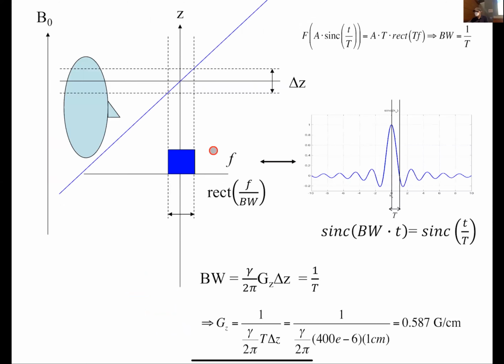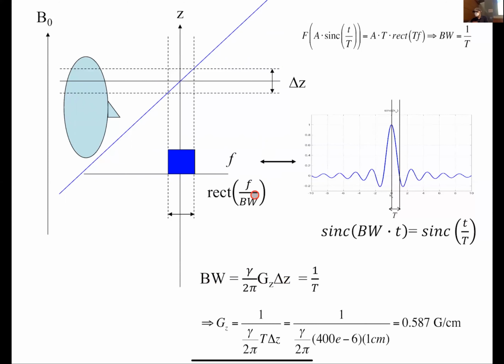So we know we want a rect function with some bandwidth. Okay, and that bandwidth has to cover all the frequencies within some delta Z. And we can figure out that bandwidth as so. We say the bandwidth is equal to gamma over 2 pi times Gz delta Z, right? Because this will tell me the frequencies that are covered within some delta Z. Okay.